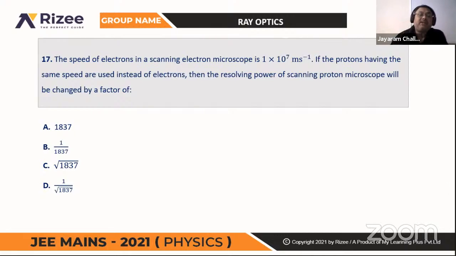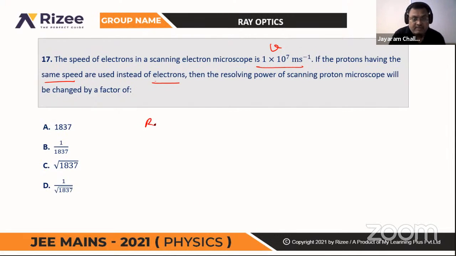The speed of the electron in an electron microscope, he has given the velocity here. If protons having the same speed are used instead of electrons, he is asking, the resolving power of the scanning proton microscope will change by a factor of how much?